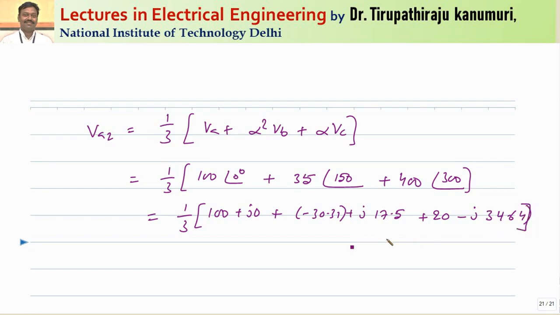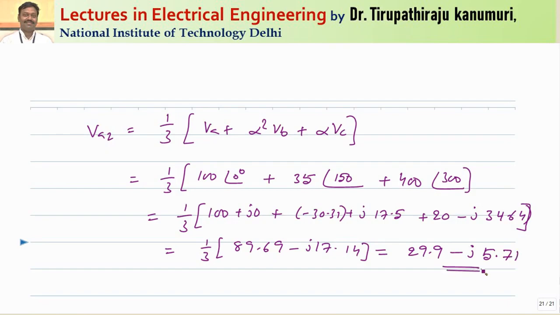So this one will be equal to 1 by 3 times of 89.69 minus j 17.14. So if you calculate this one, so this will become equal to 29.9 minus j 5.71. This is the value.